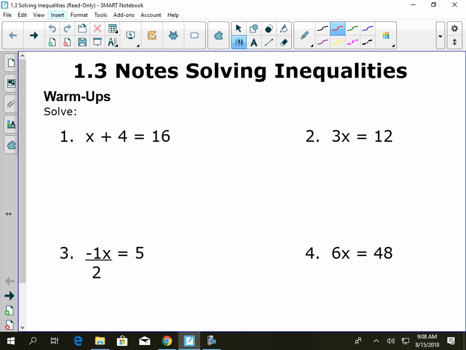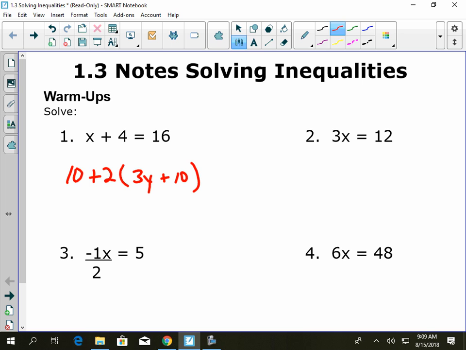Equations have equal signs. One thing I noticed when you were combining like terms, some of you are still trying to put y equals. So let's say this is the problem that we have: 10 plus 2 times (3y plus 10).